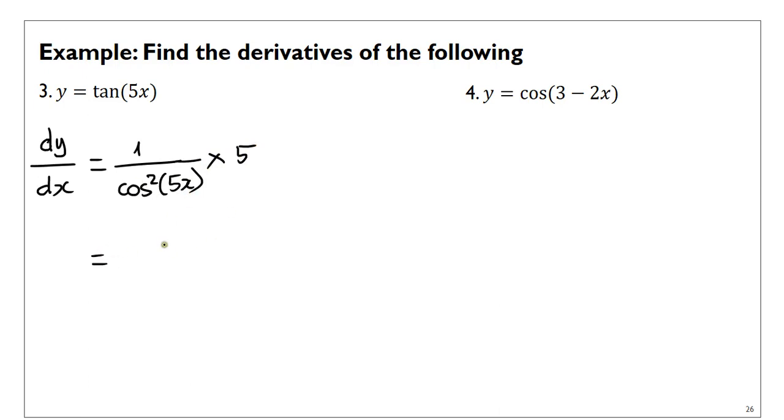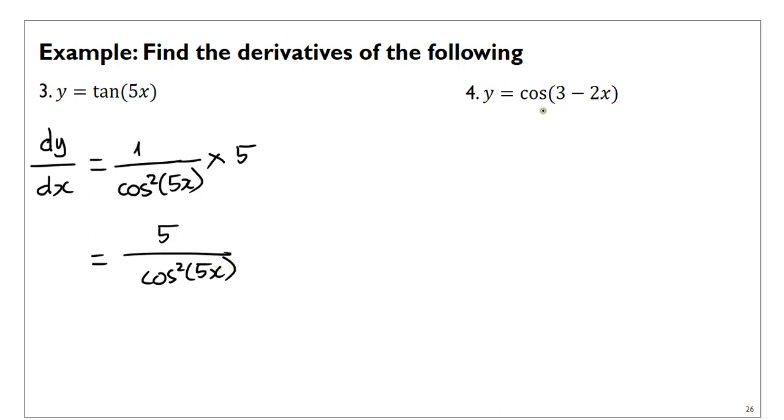I'm just going to tidy up this expression: 5 over cos squared 5x. You don't necessarily have to write it as sec squared 5x. If the question doesn't ask for it, I would just leave the answer like this. I do actually like cos squared 5x more, because if this is a more complicated expression, it is easier for me to simplify if I can.